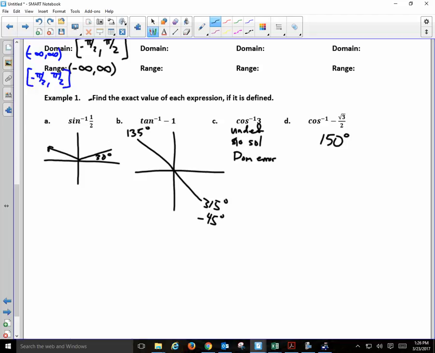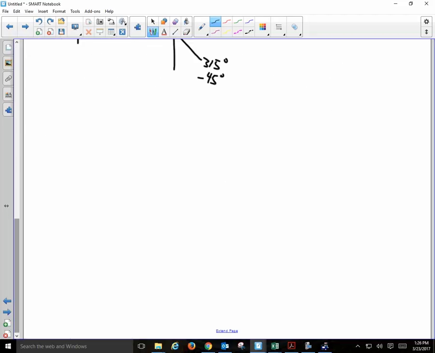Now, at the bottom of this, I want you to write just 3 more quick problems. Sine of sine inverse of 1/3. All right, cosine of cosine inverse of 7.